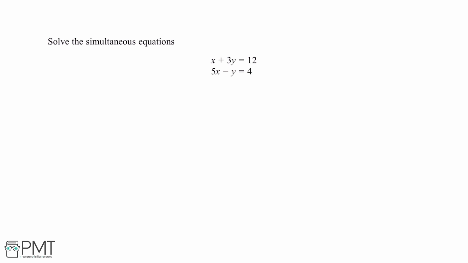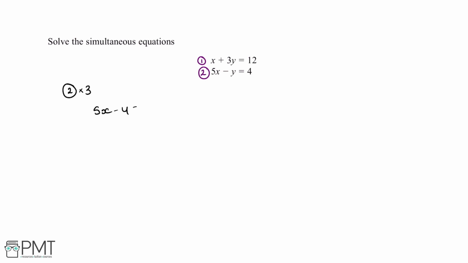Now if we're using the second method, what we need to do is multiply one of these equations so that it has the same coefficient on one of the terms as the other equation. So if we label these equations equation 1 and equation 2, we can multiply equation 2 by 3 so that we can add these 2 equations together to eliminate the y term.